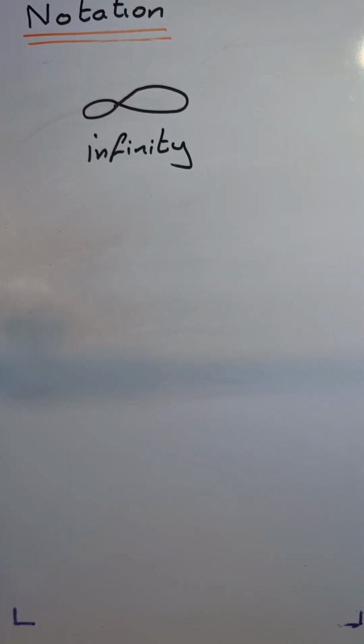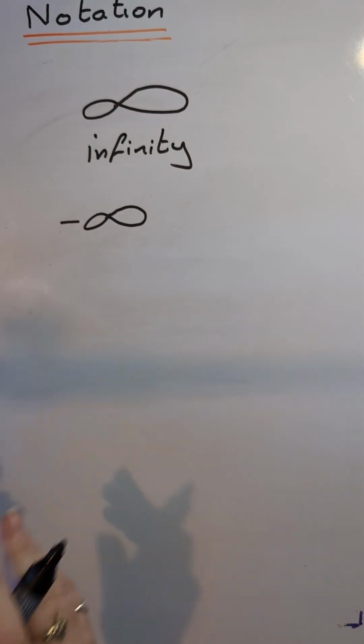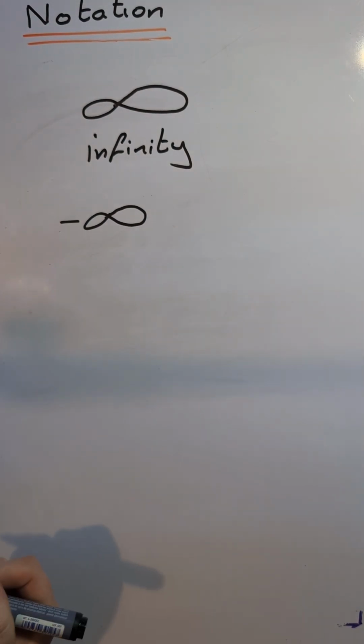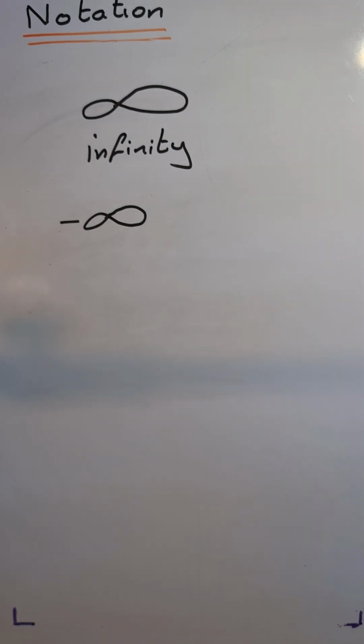Probably the easiest one is to think of it as an unlimited number, endless and forever. Think of the biggest number you could ever think of, add one more, you're still looking for infinity. You can also have minus infinity. A lot of the symbols you'll see online for infinity have the two sides the same size. Historically, that's not accurate. The left one should be a smaller circle, a smaller loop than the right loop.